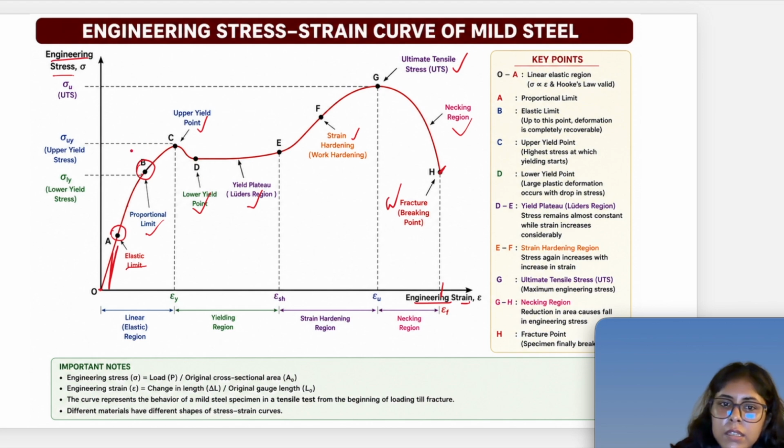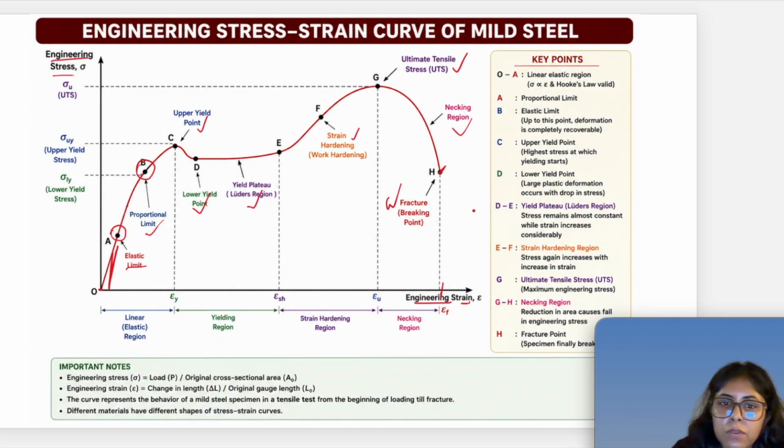You are not increasing the load. The load is somewhere in this region only, but without increasing load you are seeing there is a lot of deformation going on. Initially it was here and then it was here, right? So this is the yielding region. This creates the yield plateau. Yield plateau is nothing but stress remaining almost constant while strain increases considerably.